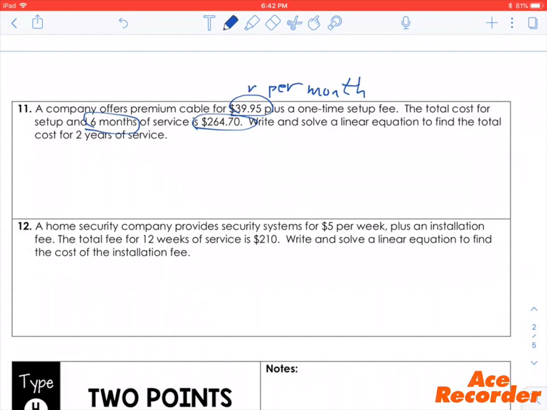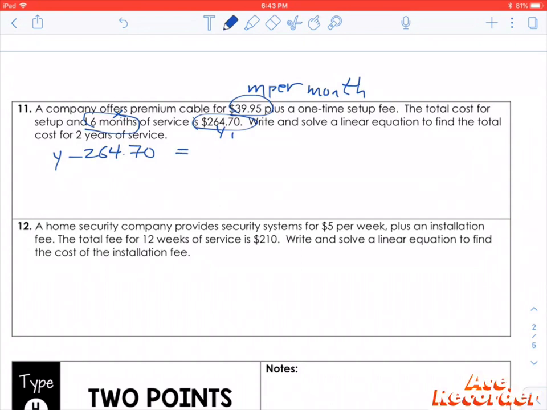So that's going to be our m. So here's x1 and y1: y minus 264.70 equals m, which is $39.95, times x minus 6.